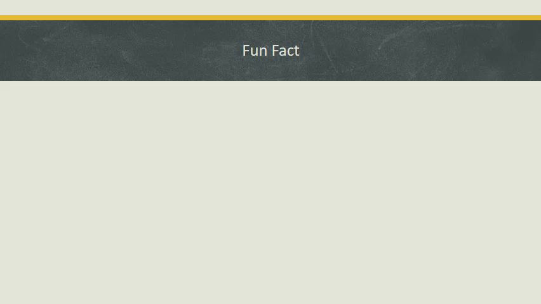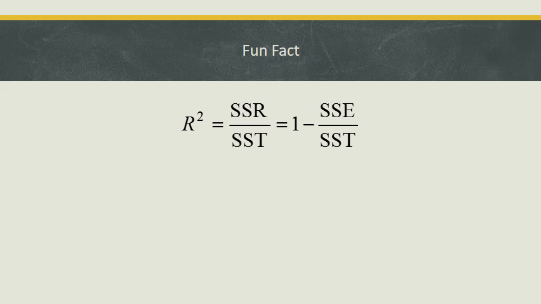Before we end this video, there are a couple of side points that need to be addressed. First, we're going to return to the coefficient of determination again. In the last video, I defined the coefficient of determination, or R squared, as the sample correlation squared. And that's still true, but it's also equal to the regression sum of squares over the total sum of squares.